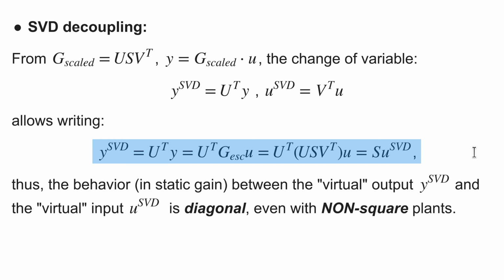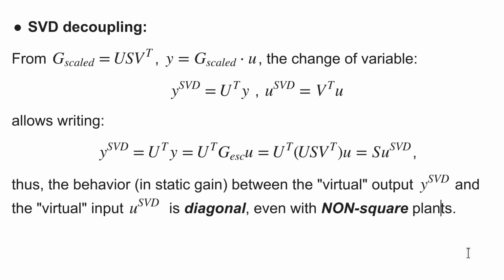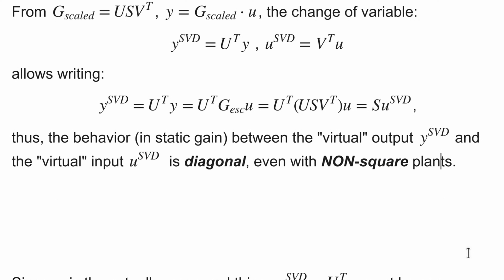Try to not get confused with when I say U, depending on the context, it will be the SVD matrix or the controller output. The thing is that we have this diagonal behavior between these two virtual, let's say, input and outputs.